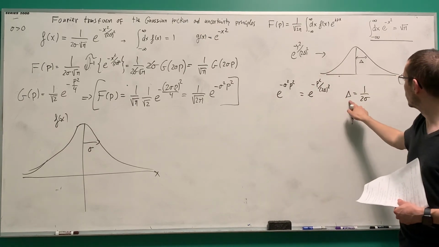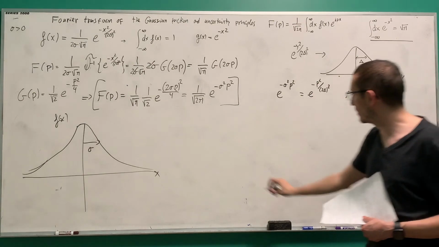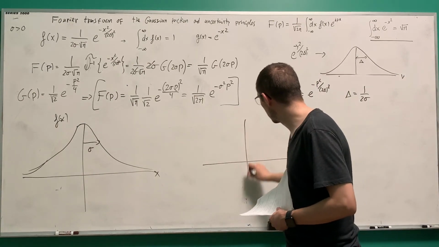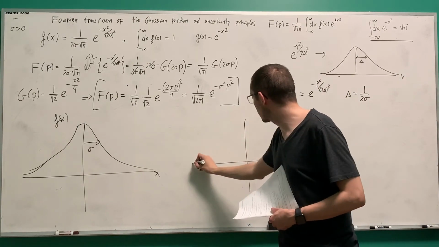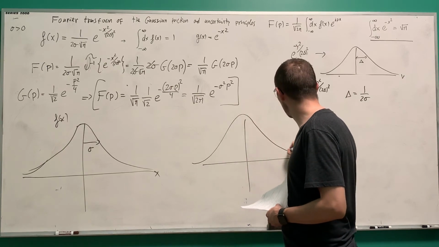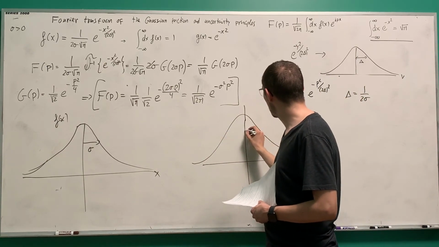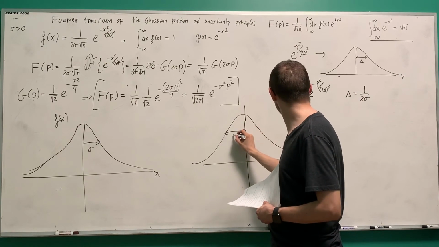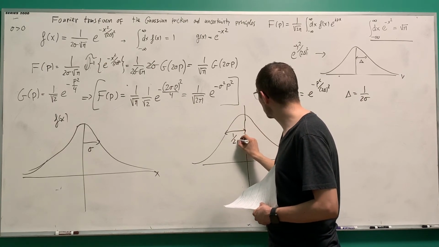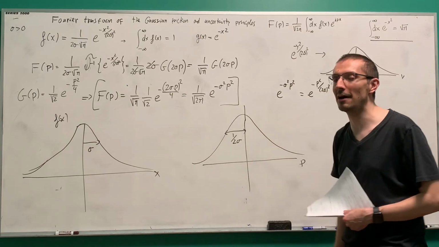So delta in this case is 1 over 2 sigma. That means that in momentum space, this other Gaussian, which is the Fourier transform of the Gaussian in position space, has a width of 1 over 2 sigma. Ha!